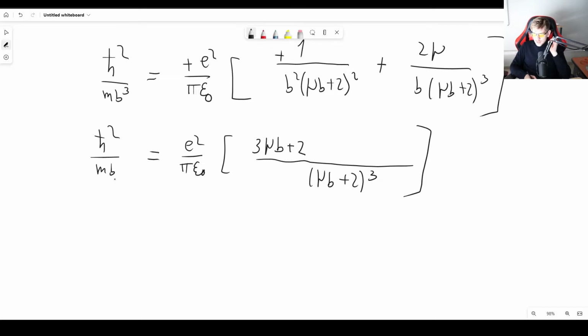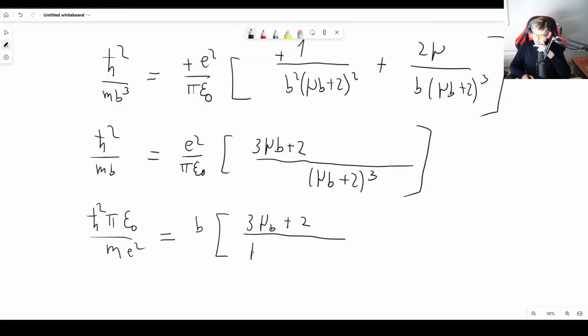So now let's multiply b to the right side and these constants to the left. So we got h bar squared pi epsilon 0 divided by m e squared. This is equal to b times (3 mu b plus 2) divided by (mu b plus 2) cubed.